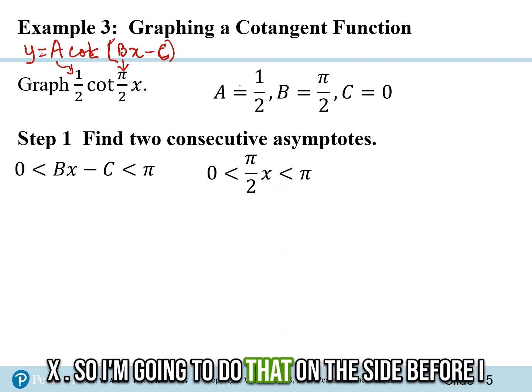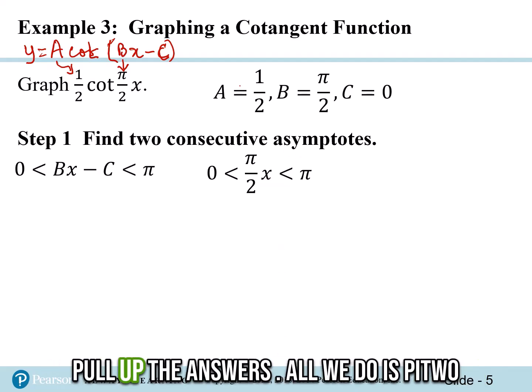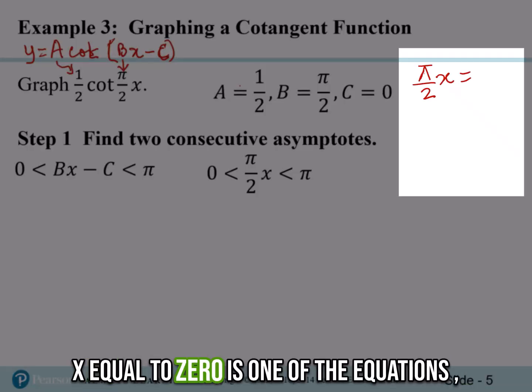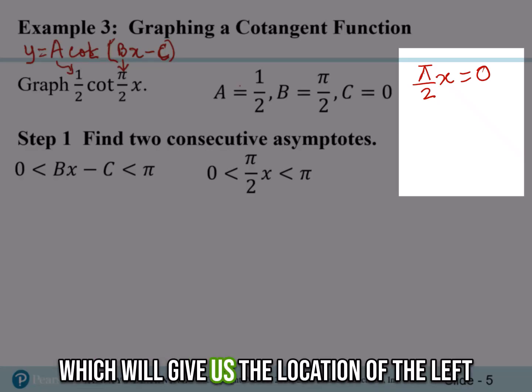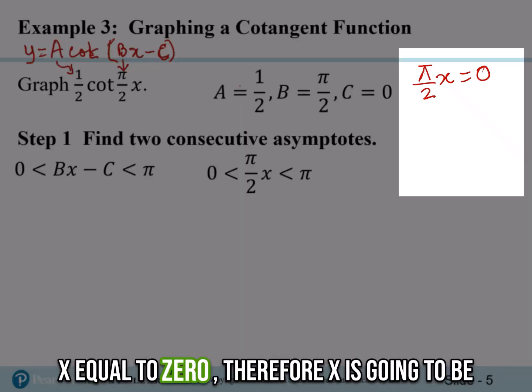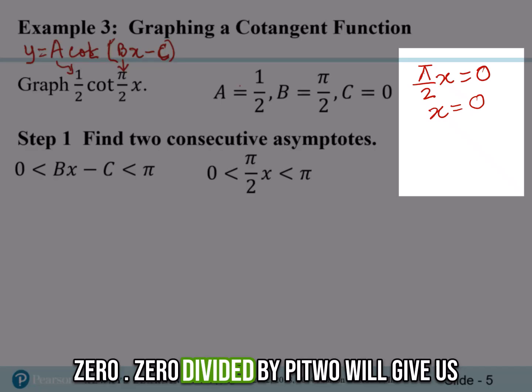So I'm going to do that on the side before I pull up the answers. All we do is pi over 2x equal to 0 is one of the equations, which will give us the location of the left-hand side vertical asymptote. So pi over 2x equal to 0, therefore x is going to be 0. 0 divided by pi over 2 will give us 0.